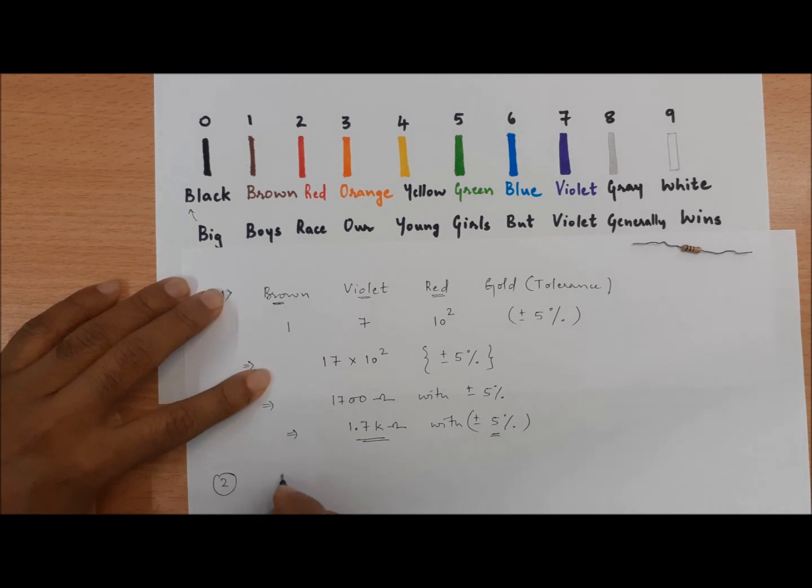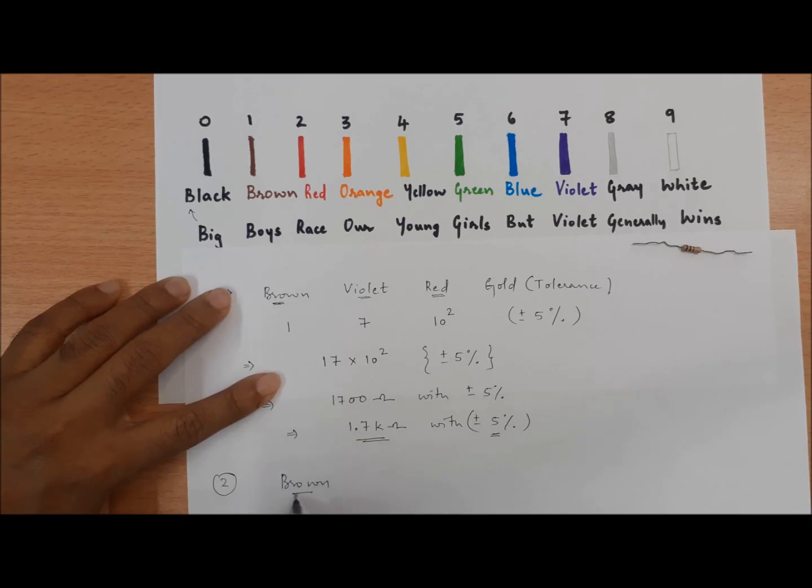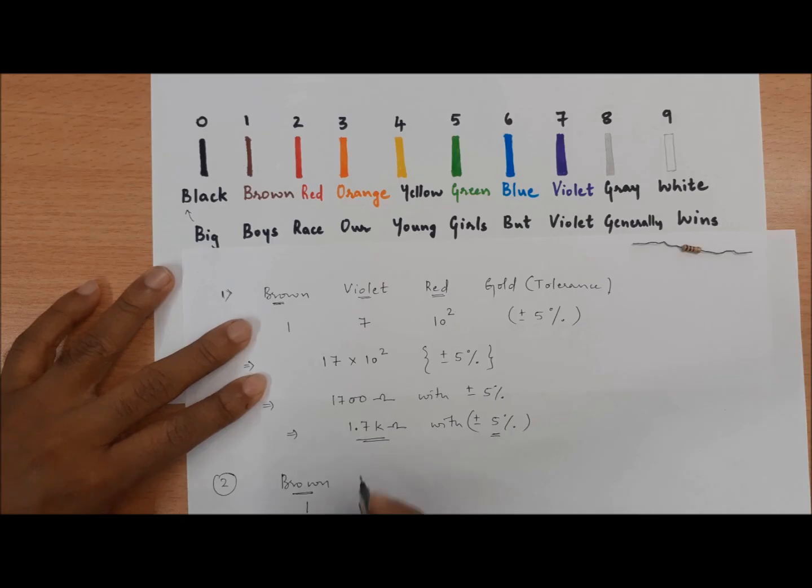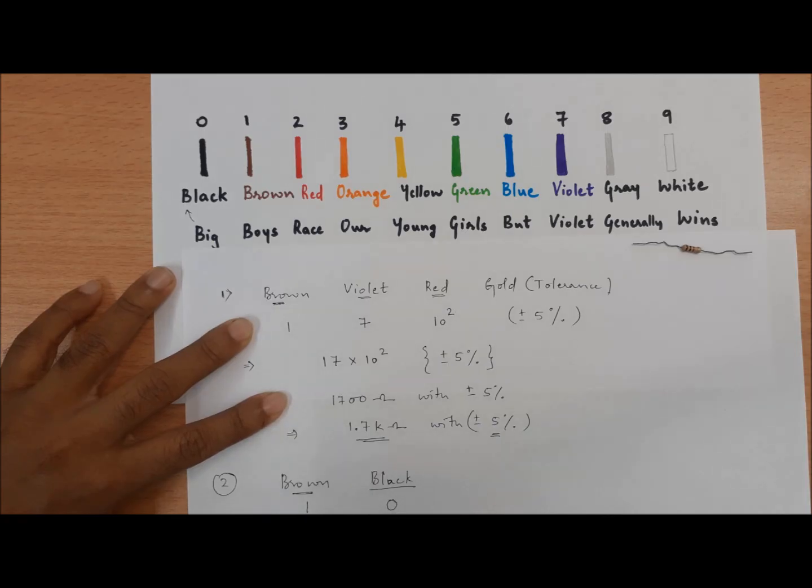The first band is brown. For brown, the value is 1. Next, the second band is black. For black, the corresponding number is 0.